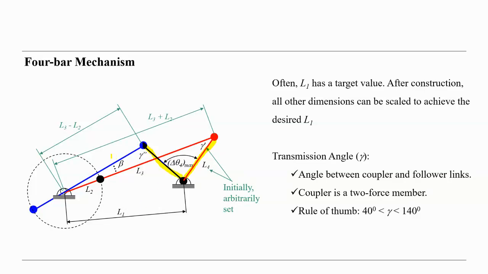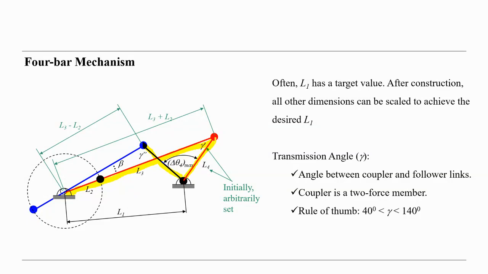In the red one, L2 and L3 are in line, so the total length here is L2 plus L3. L4, okay. This is the initial arbitrary set.